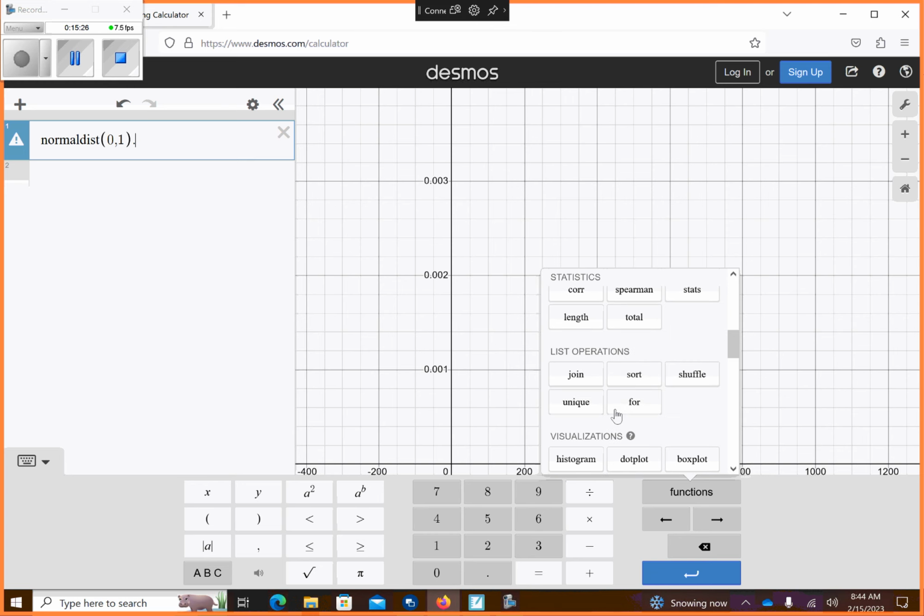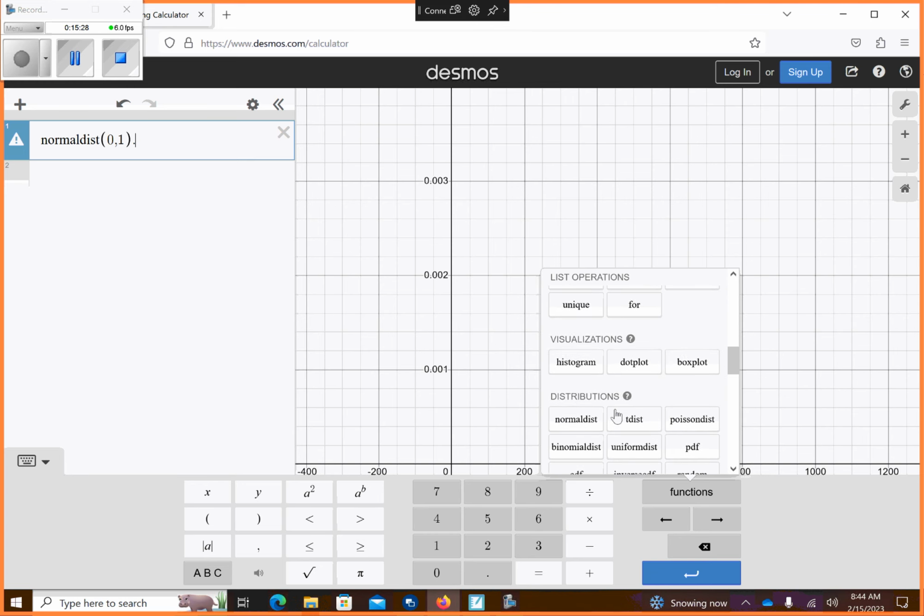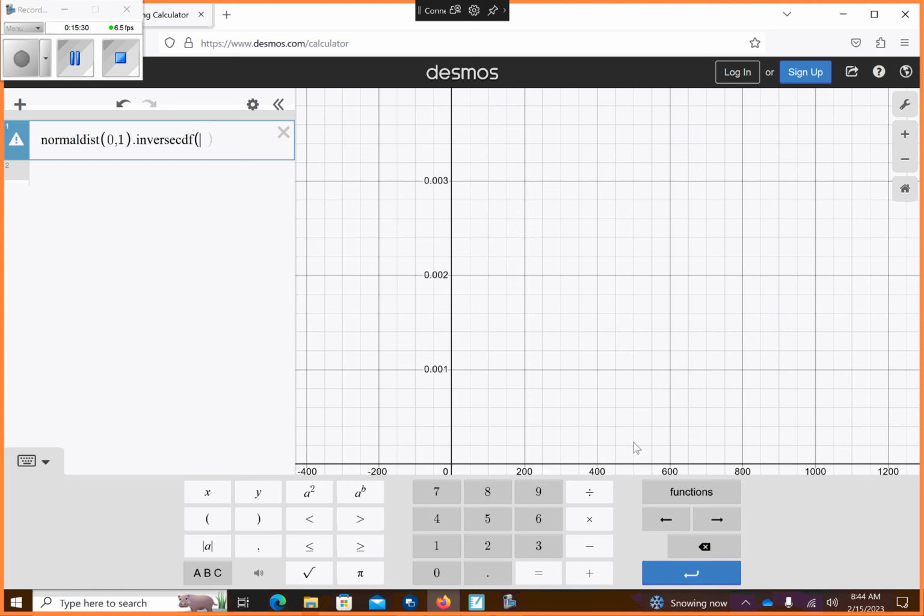Inverse CDF. So if we are at 92%, what's halfway to 100? 92 to 100 is 8. Divide that by 2, you get 4, so 96, so 0.96.